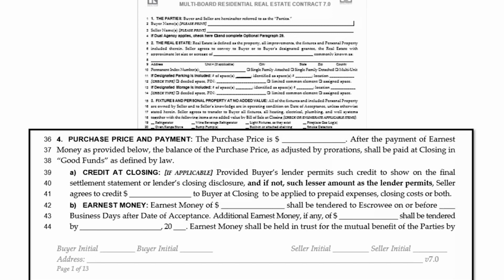If it is not delivered by that date, then you have the problem of your buyer being in default. So you want to make sure that the date you put in there is something that your buyer can live with. If you put it out too far, you are very likely to get a counteroffer back, because generally speaking, we don't see that date in there of anything longer than 5 business days after the date of acceptance.